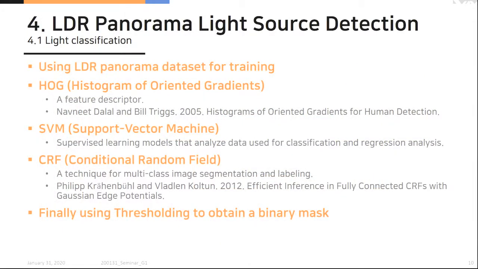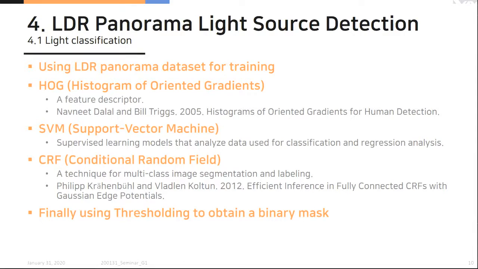To train their network, they used a lot of panoramic data. Firstly, to train the network with a panoramic dataset, they used an LDR panorama dataset. In the case of HDR, it contains illumination information already in the image, but not LDR. So LDR could be any kind of image, like JPG or GIF or PNG.